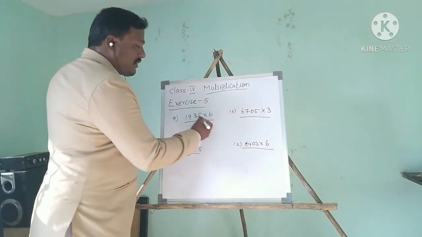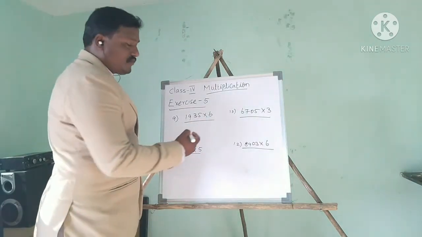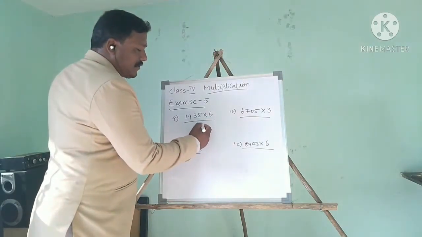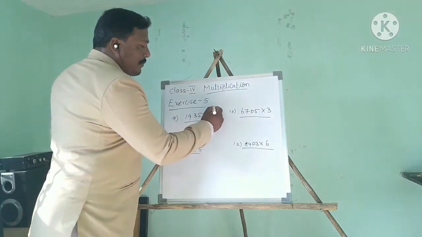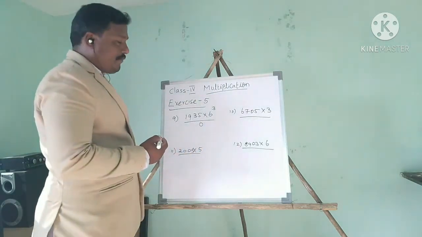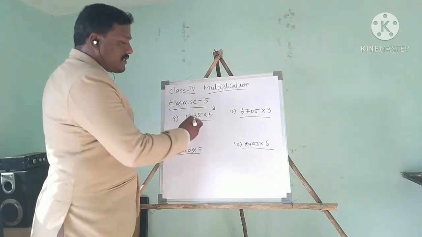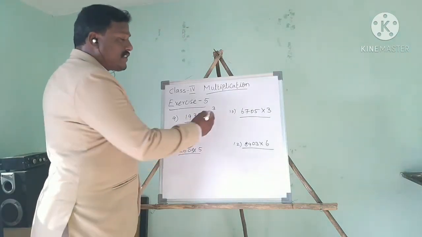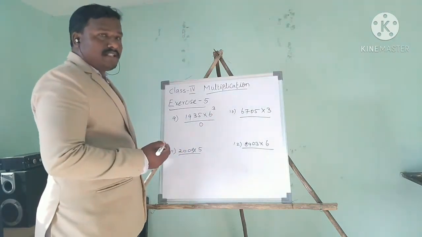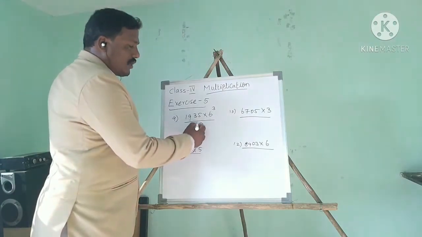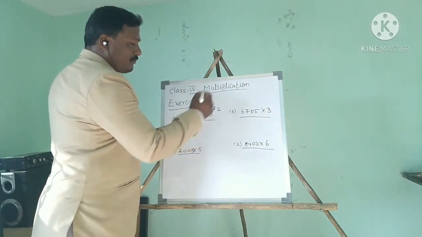Okay. So 6 5s are 30. 30, we will write 0. So we will keep 3 as the remainder. So 6 3s are 18. 18 plus 3, 21. So 21, we will write 1, remainder 2. Okay.